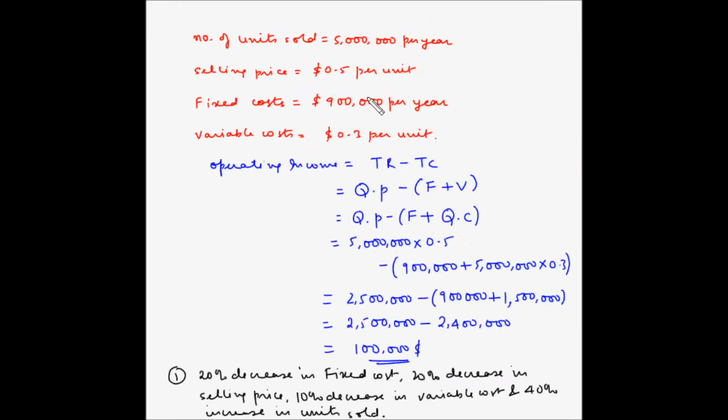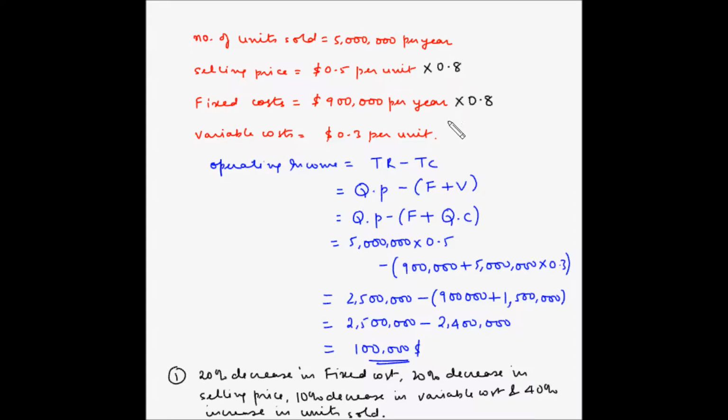So basically this fixed cost is going down by 20%. So that means you have to multiply this by 0.8. The selling price is also decreasing by 20%. So again, we'll multiply this by 0.8.